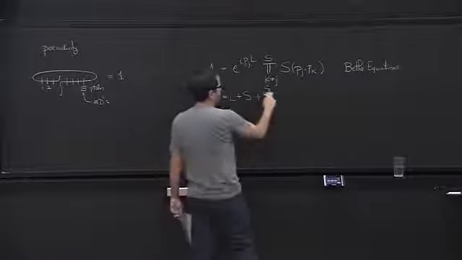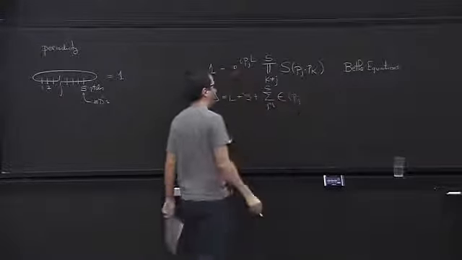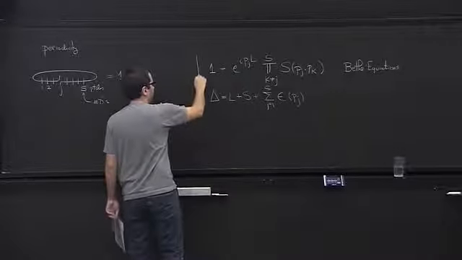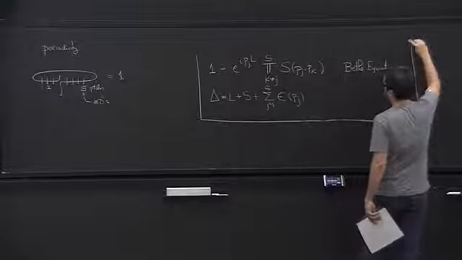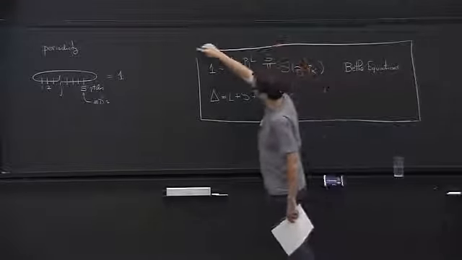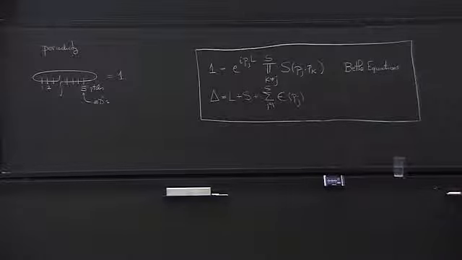So the energy is L plus S plus the sum over j of this dispersion that we computed, epsilon of p_j. Okay?